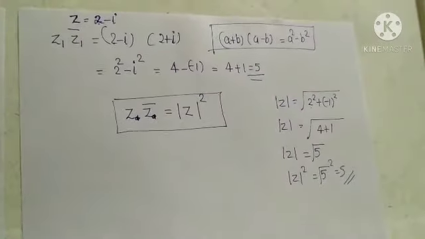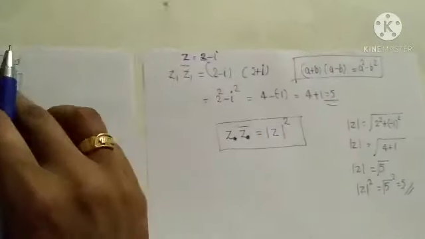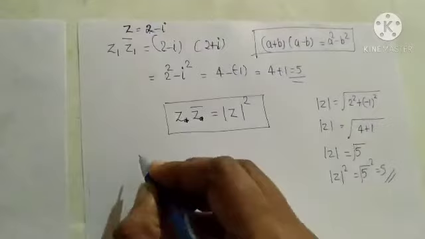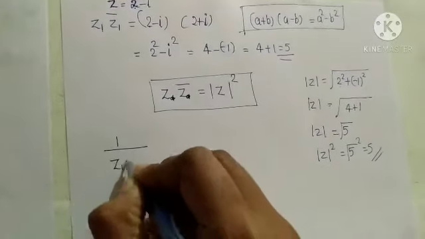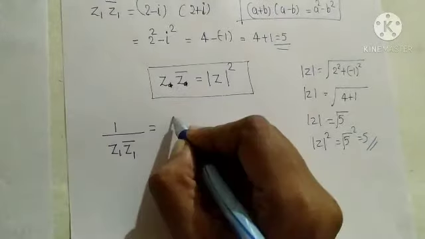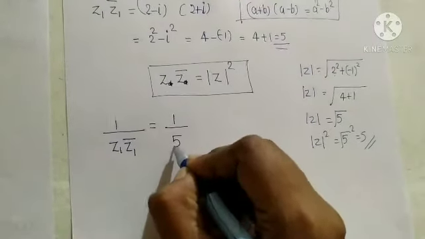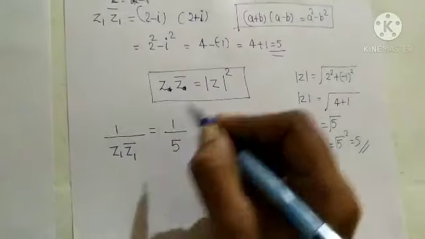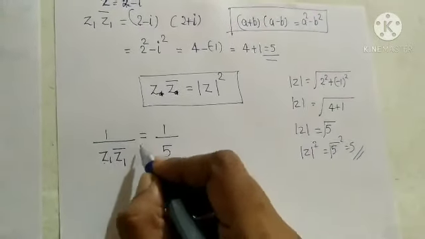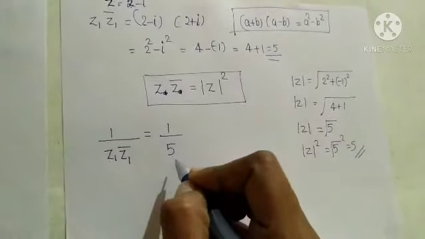Okay. So in this question we need to find out 1 divided by z1 into z1 bar. So 1 divided by z1 into z1 bar is equal to 1 divided by 5. The value of z1 into z1 bar is 5, right? So replacing this z1 into z1 bar here, we get 1 by 5. Okay.